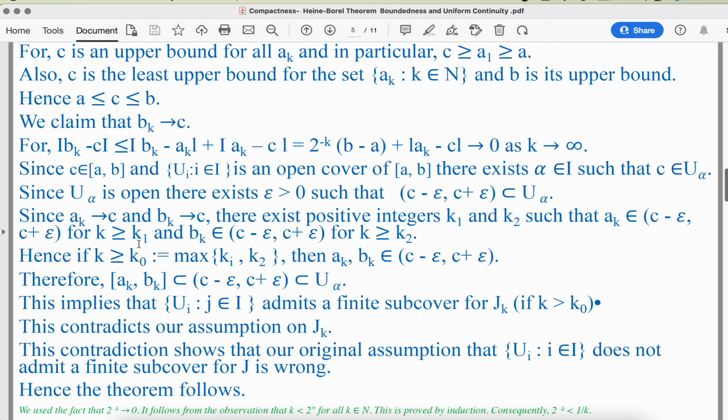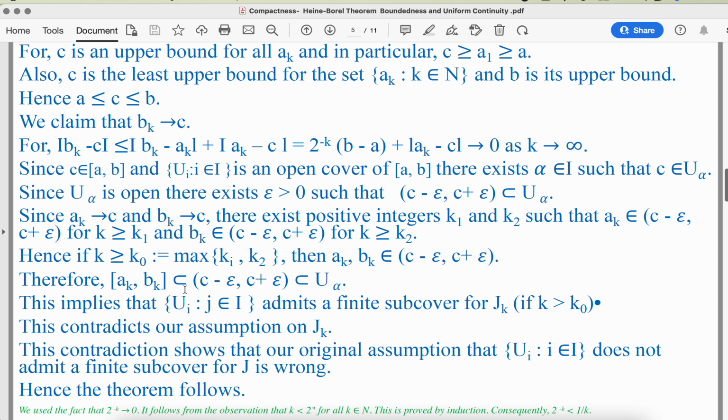If k is greater than or equal to k naught, where k naught is the maximum of k1 and k2, then Ak and Bk belong to C minus epsilon to C plus epsilon, and therefore the closed interval Ak to Bk is a subset of this open interval, which is again a subset of U alpha.